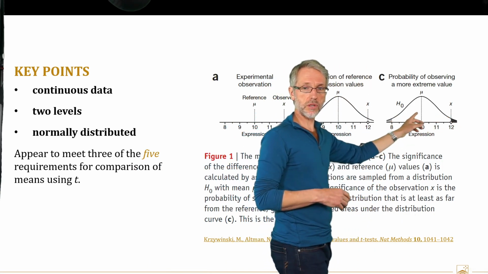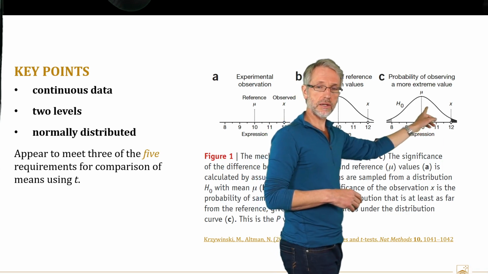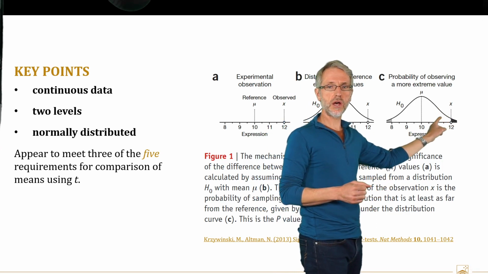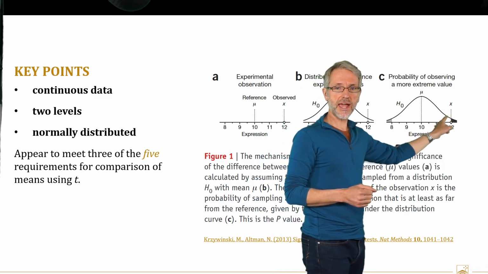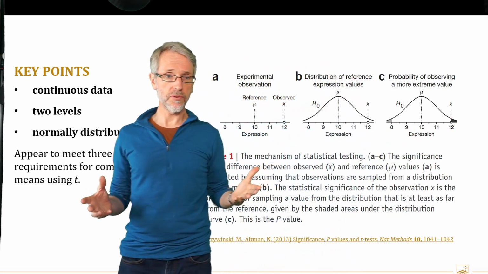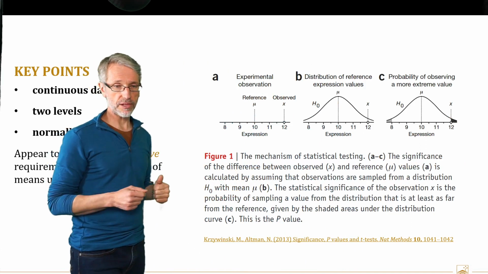So if it were close in here, as opposed to sitting far out here, what is the likelihood of achieving this x value out there? That likelihood is what we refer to as the p-value.